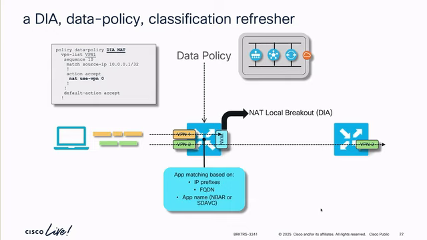And to do so, customers are leveraging application recognition, which is built into every device. We're using signature-based recognition, which tries its best to recognize the application, the flow, with the very first packet.